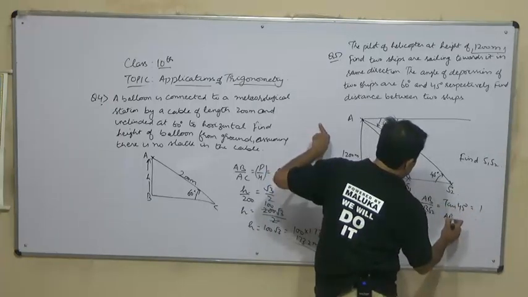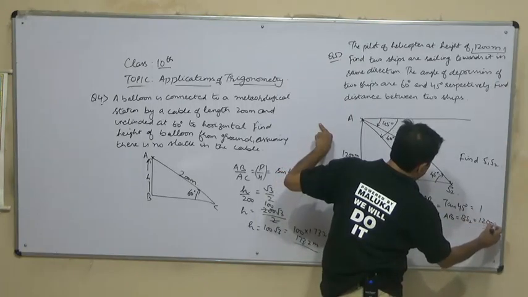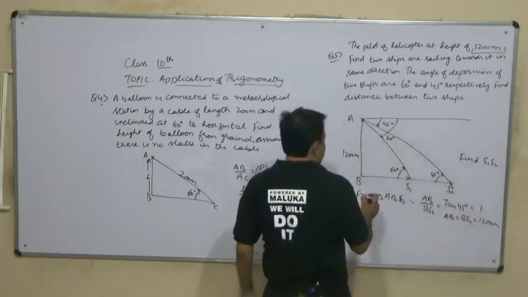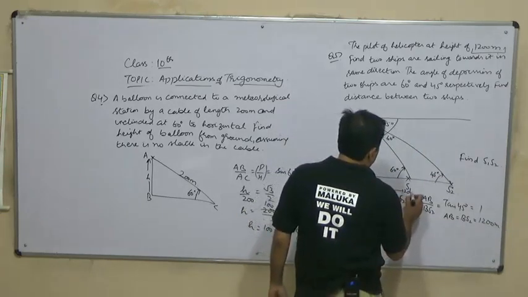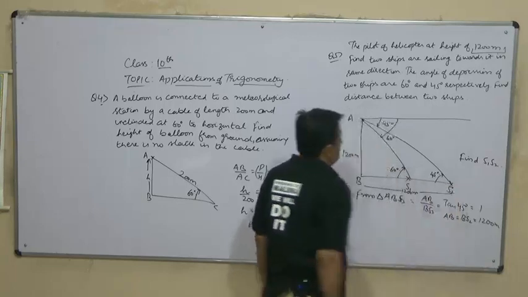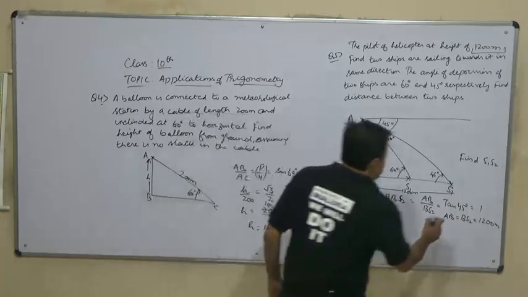So AB is equal to BS2 is equal to 1200 meter. So we see that this BS2 is equal to 1200 meter.